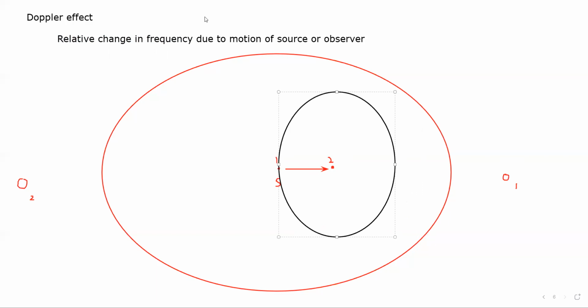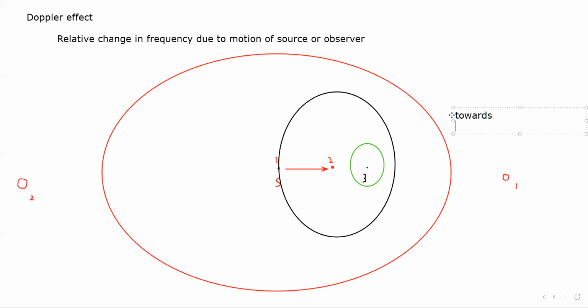Then it produces another wave at point 3 as it is moving towards observer 1. So the third wave again will be concentric to point 3. These are the wave fronts which I drew. So what will the observer see?